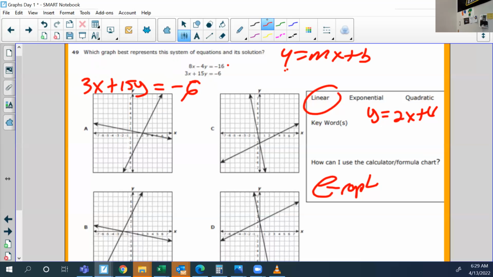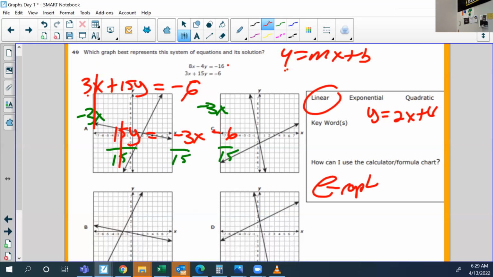All right, I have a 3x here, so I'm going to subtract 3x here and subtract 3x there. That goes away, it becomes 0. Now I'm left with 15y is equal to minus 3x minus 6. Divide by 15 now on both sides.